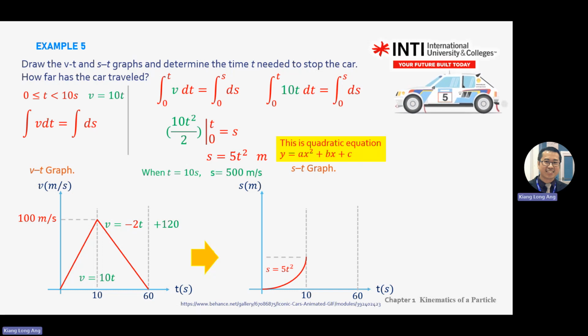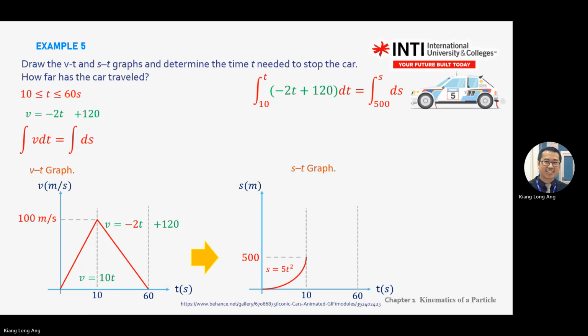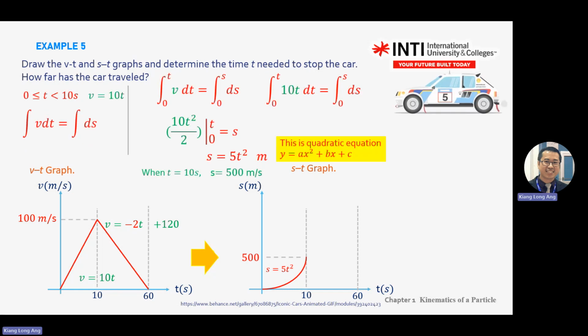Because this whole equation is 5t squared. Here, you get one value, it's important, and it's very easy to score marks for the graph kind of question. So you substitute, you get 500. So the value of 500 appears in your answer.